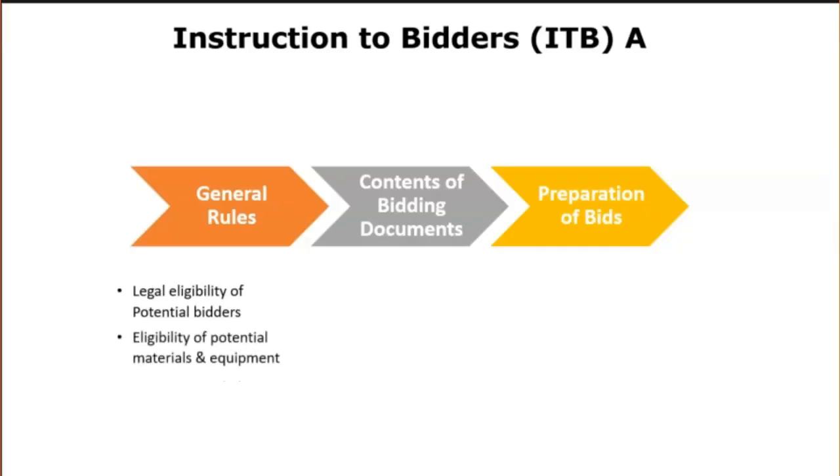You will also find something like eligibility of materials and plants to be incorporated into the works. That talks about the countries of origin from which you're going to import your equipment and your materials, etc. Then you see definitions.